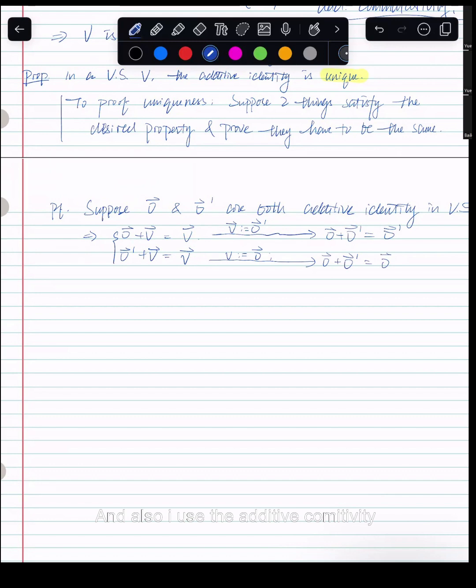And also I use the additive commutativity. All right, now I have a thing equals 0 prime and the same thing equals 0. We know that 0 prime equals 0.